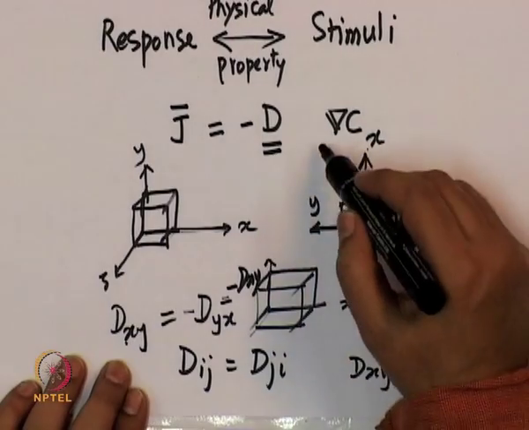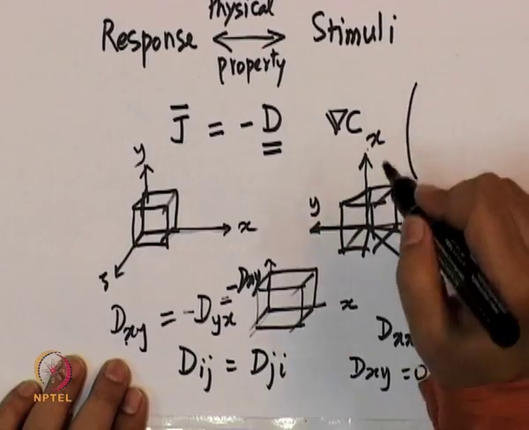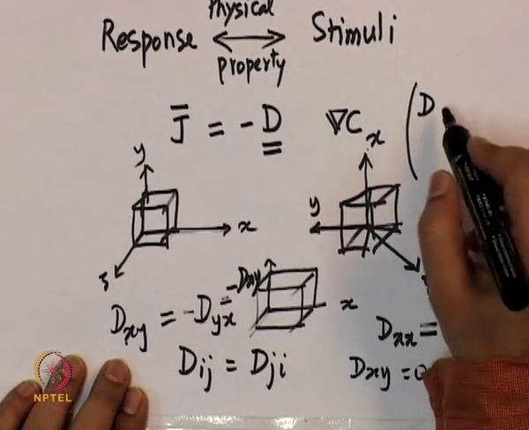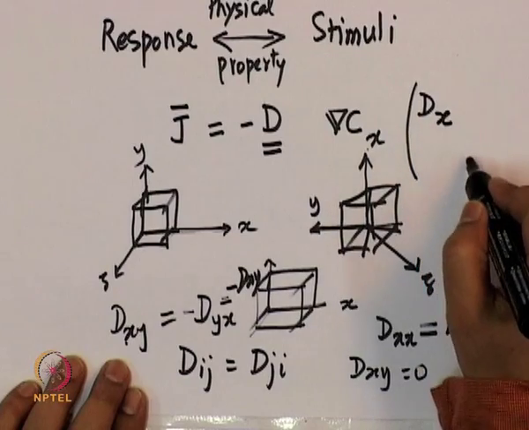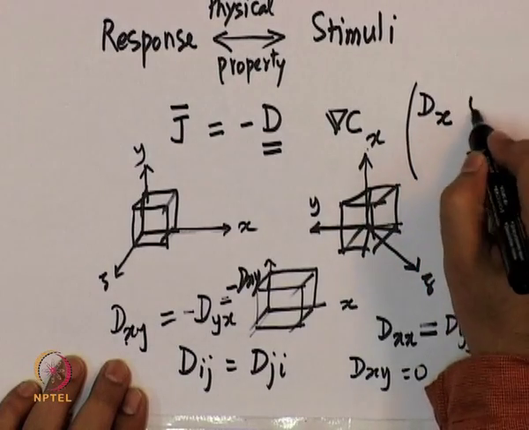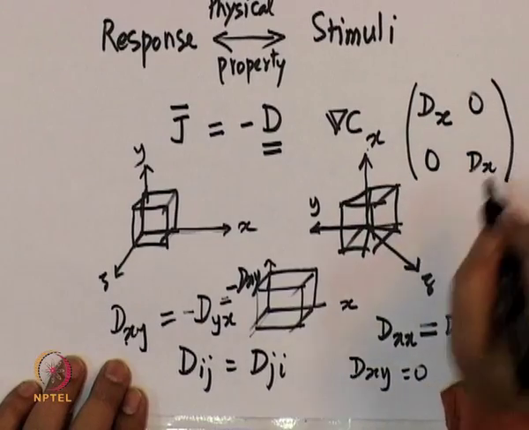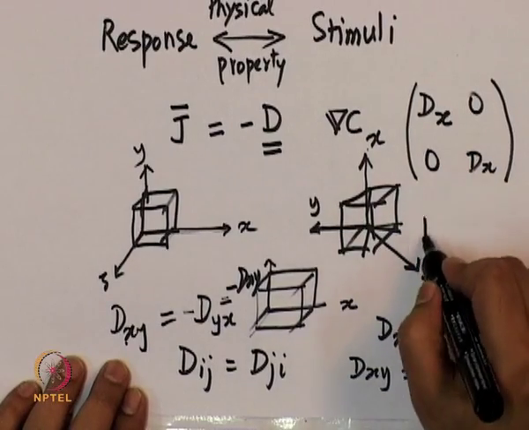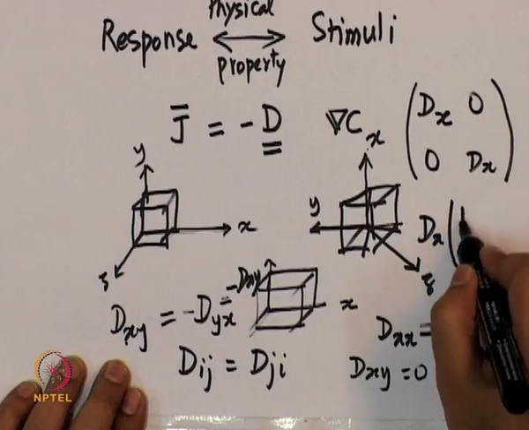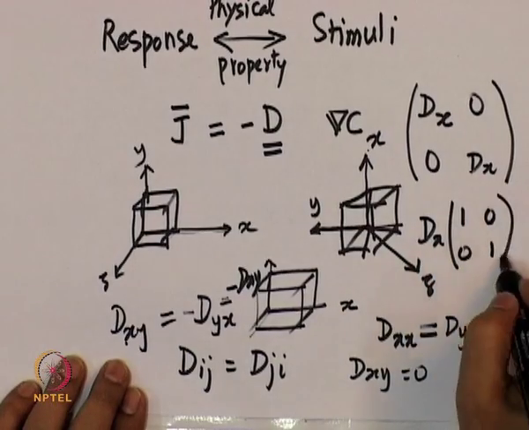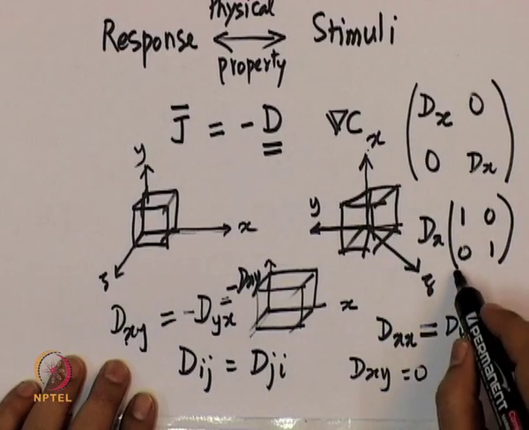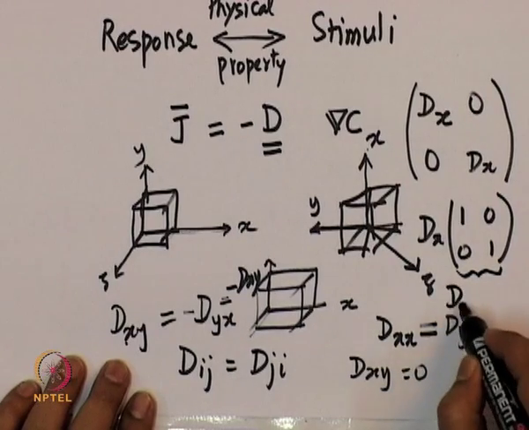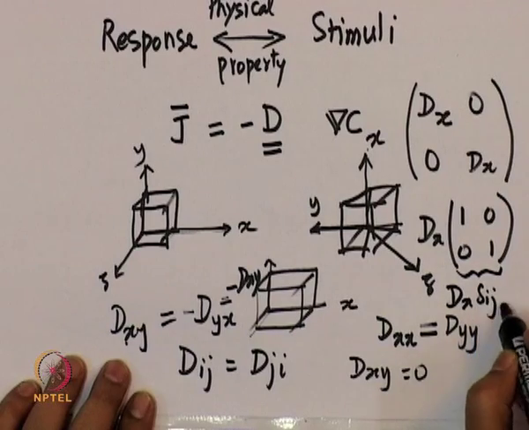In other words, in 2 dimensions, what has happened is that the diffusivity tensor has become some dx, 0, 0, dx. So, this can be represented as d multiplying the delta operator.